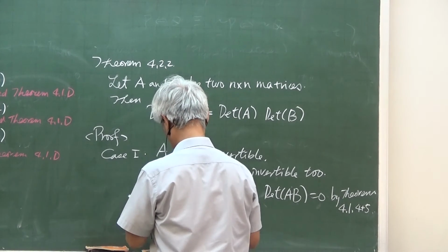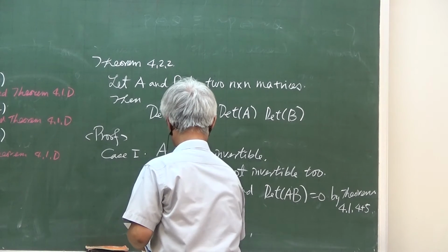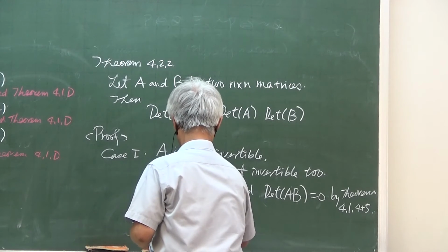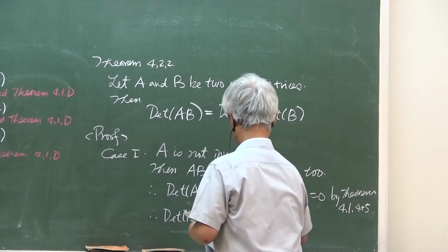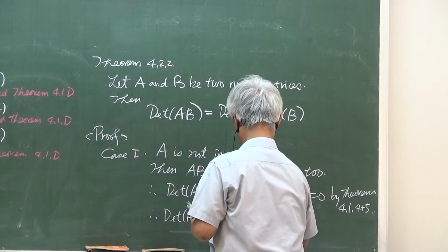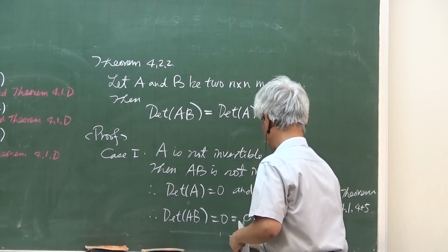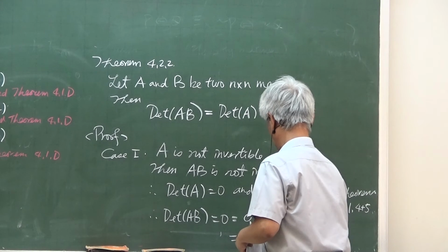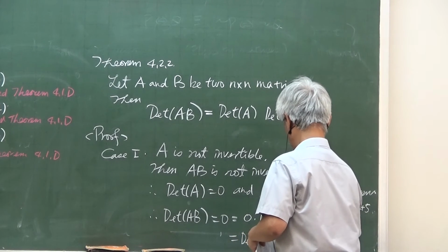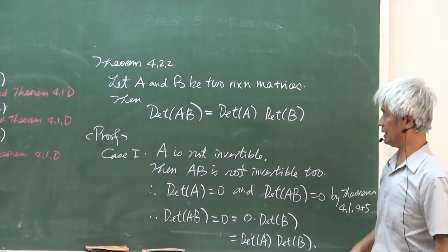So that determinant AB is 0 becomes 0 times the determinant of B, and this is the determinant of A times the determinant of B. Okay, so we complete the first case.